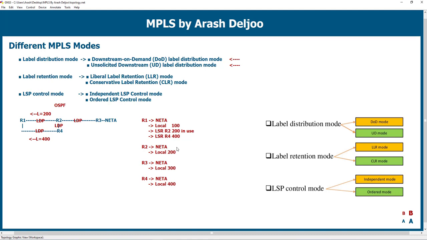The label distribution mode used depends on the interface and the implementation. You know that we can implement MPLS in two modes. First, frame mode, which is used for every data link except ATM, and then cell mode, which we can use only in ATM networks.